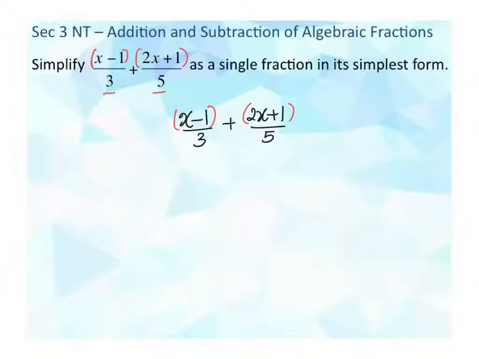So in this case, I will need to multiply by 5 to both the numerator and the denominator to change the denominator to 15. And this one over here, we need to multiply it by 3, multiply by 3.